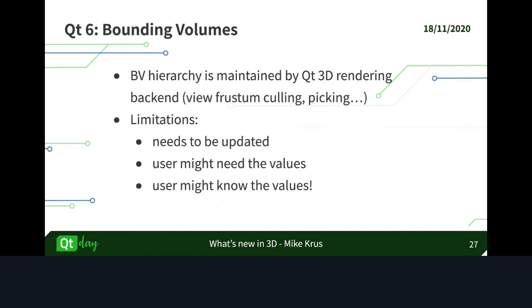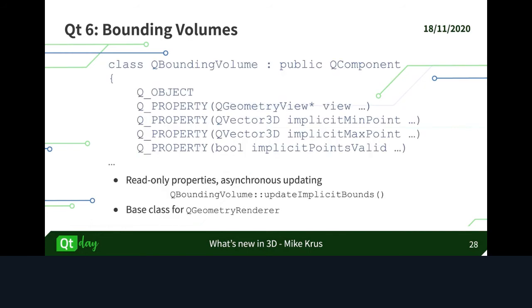Another thing is that the user might actually know the values because they calculated the mesh in the first place, or they're using a file format where the bounding volume is recorded. So why not provide them to Qt3D and avoid the cost of having to calculate them? So in order to support all of that, we're introducing a new component called QBoundingVolume.